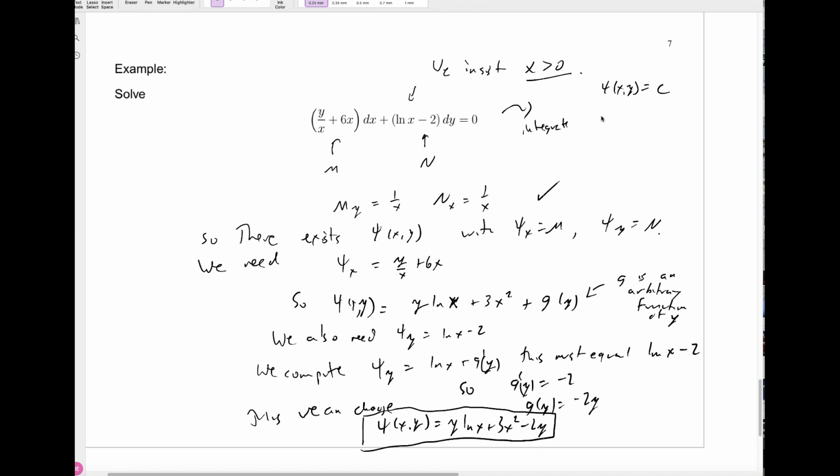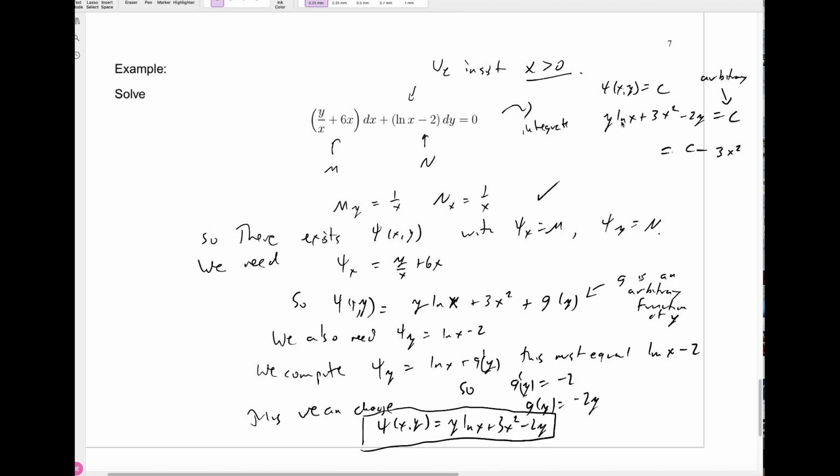In this case, that would be y log x plus 3x squared minus 2y equals c. Here, c is an arbitrary constant. And this is an implicit solution, but we can easily solve for y here. If I put the 3x squared on the other side, we'll get here c minus 3x squared.